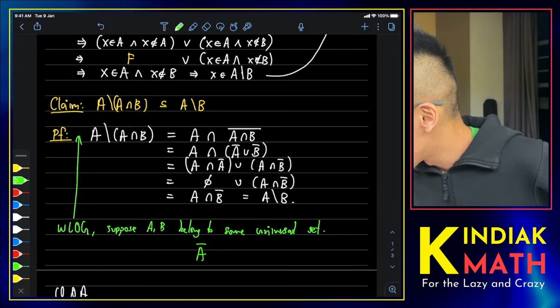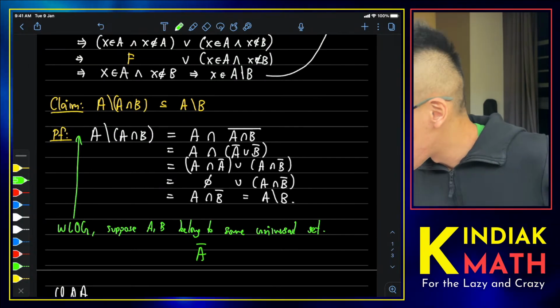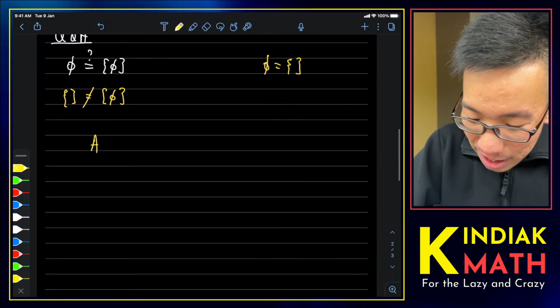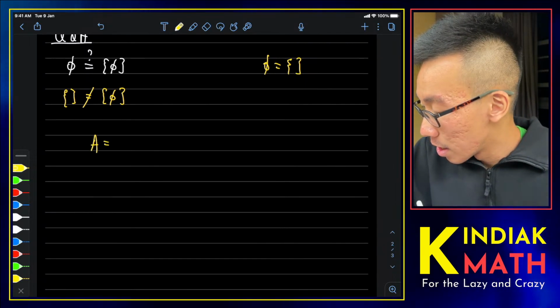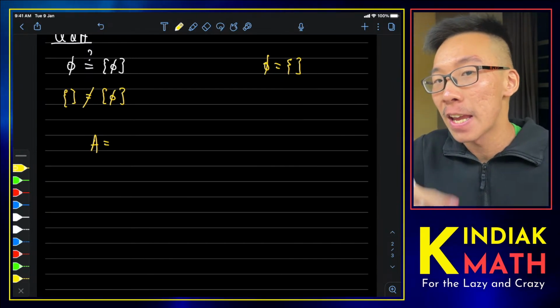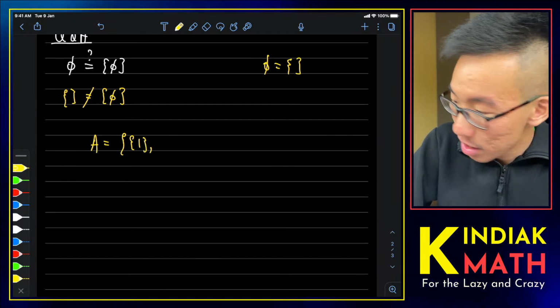If a set has this, then is A exclude? Okay, let's take a look. Suppose A is, well, do we mean that A contains these items, or is A just the set itself? Right? So let's see.